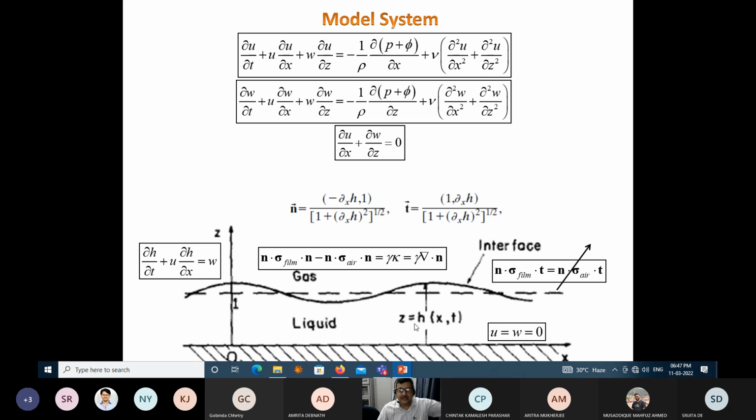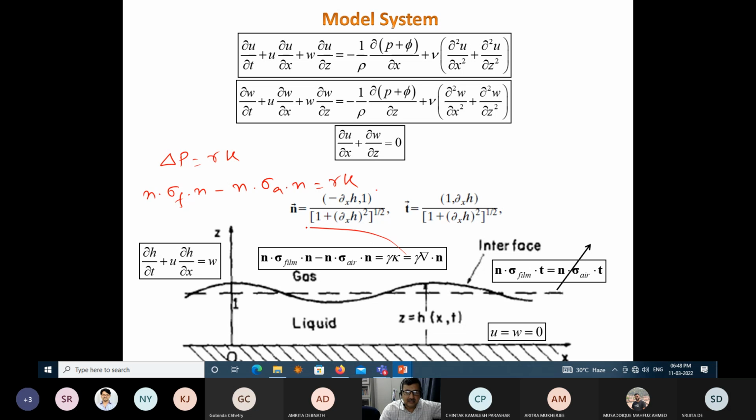So what I do is say that there is a force equilibrium across the interface. The normal one is the normal force in the gas. I'm writing in terms of the stress because we have already proven that delta P is equal to gamma kappa. I am just expanding the scope of this P. I'm writing n dot sigma film dot n minus n dot sigma air dot n is equal to gamma kappa.